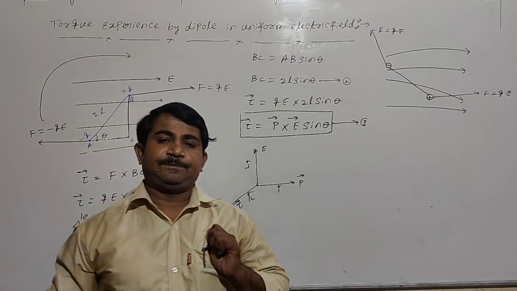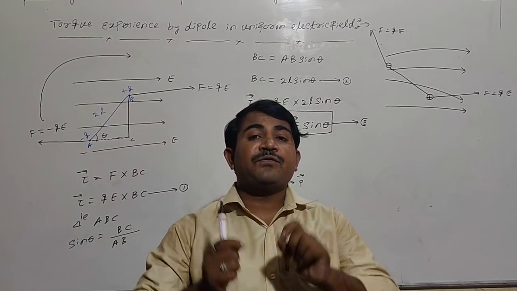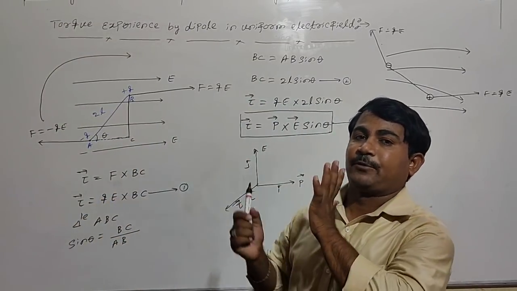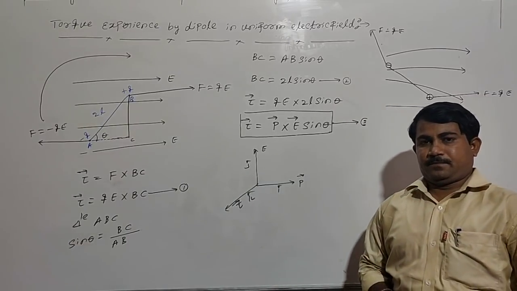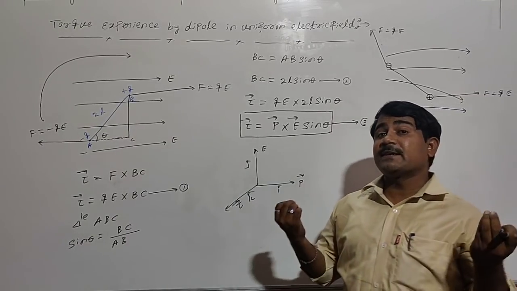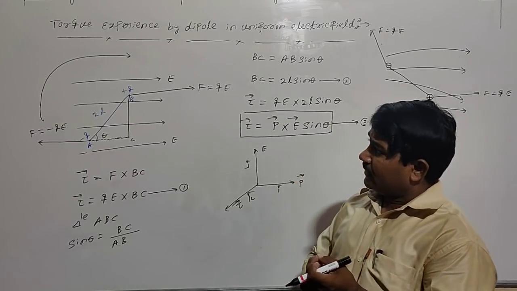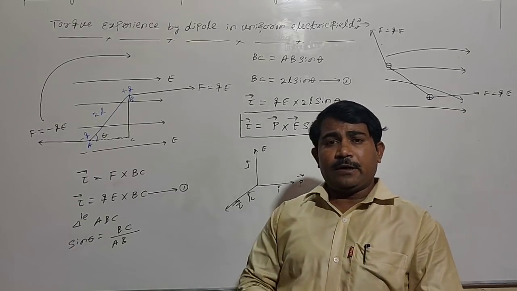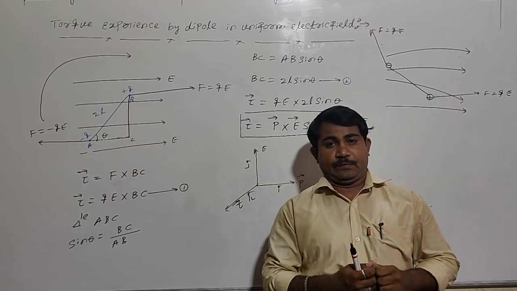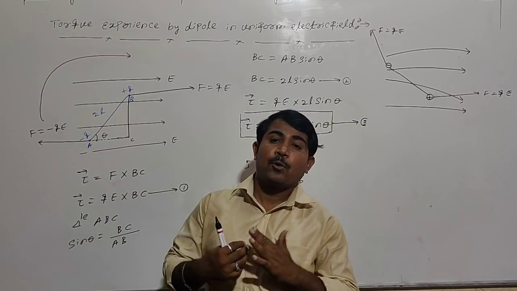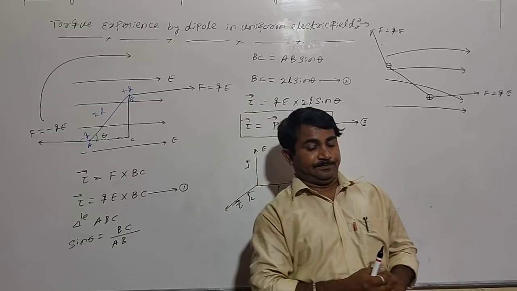Then the question is, what is the physical significance of this dipole? It is also very important. Actually, students, an electric dipole is a compound. Compound means it may be polar or non-polar.